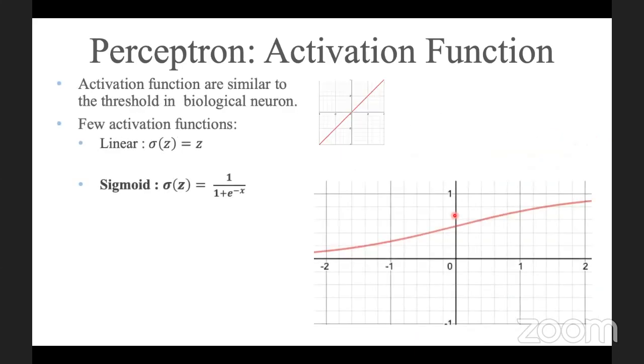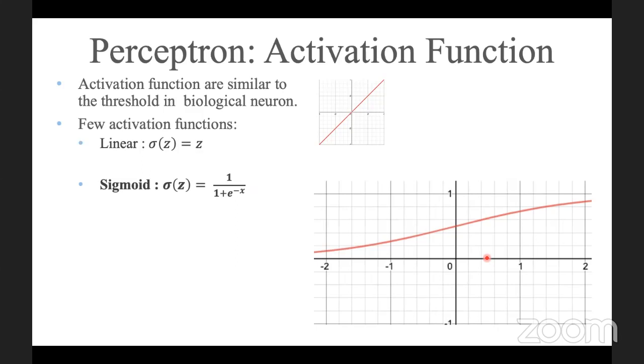The second is the sigmoid function. Sigma of z is equal to 1 over 1 plus e to the minus z. Whatever the input is, it will fit the output in the range 0 to 1. The benefit of this is, suppose we want a probability out of this neural network.